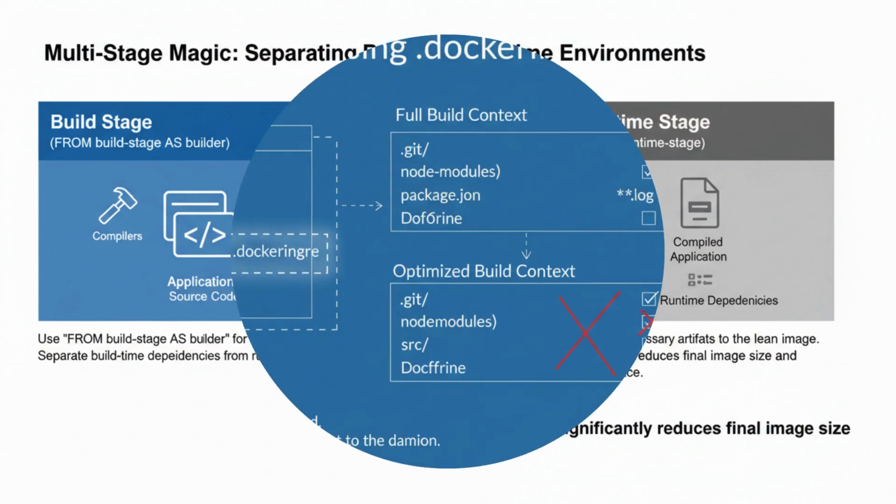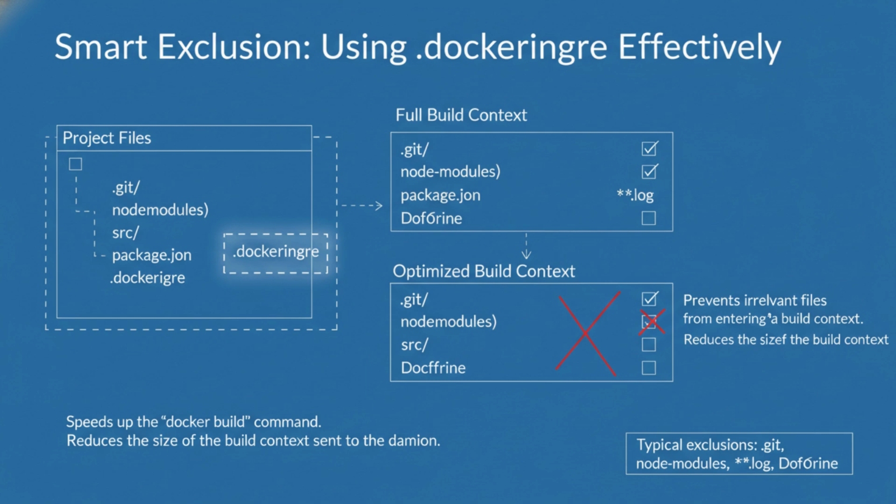the entire kitchen. Just as a .gitignore file prevents unnecessary files from being committed to your repository, a .dockerignore file prevents irrelevant files from being sent to the Docker daemon during the build process. When you run docker build, Docker first collects all the files in your build context, typically your project directory, and sends them to the daemon.